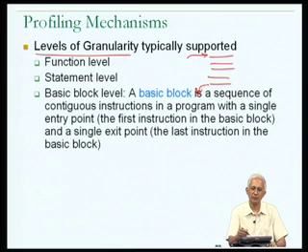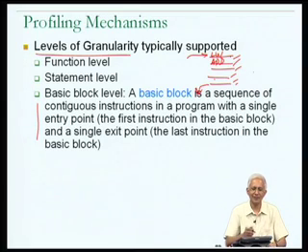In other words, if a particular basic block is a series of instructions, it might start with a load word instruction, then there might be an add instruction and so on. But as far as the basic block is concerned, by the definition, we understand that if the first instruction in the basic block is executed, then all the instructions in the basic block will be executed exactly once. So that's why this is a nice way to look at a program.